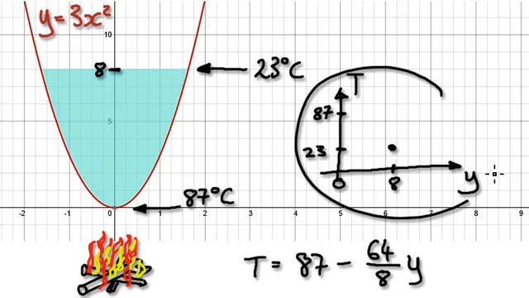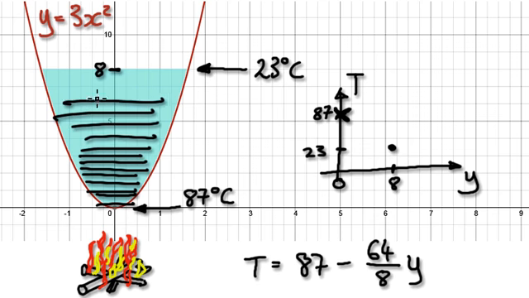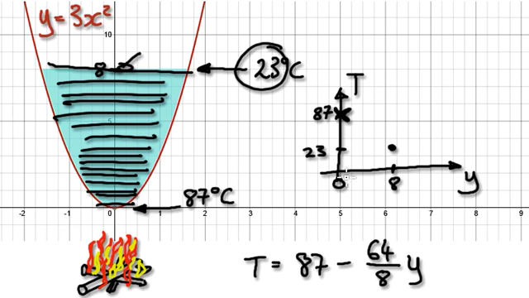So our line should cross here. Remember y is moving along here, so we are increasing y. When y reaches 8, then the temperature should be at 23.